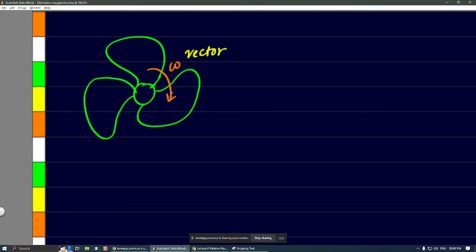If I take some point, let us say a point A, it will be moving tangentially, right? A point will move like this, perpendicular to the line joining the center. This is the velocity of A. But I'm interested in the direction of omega. So can we take this as the direction of omega?